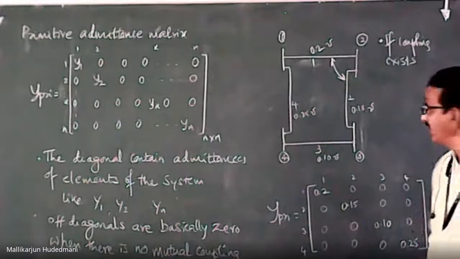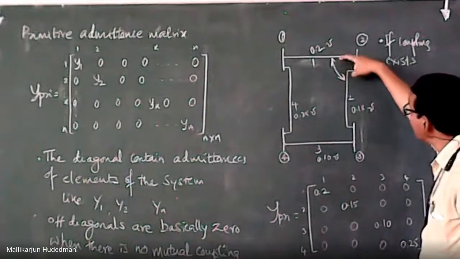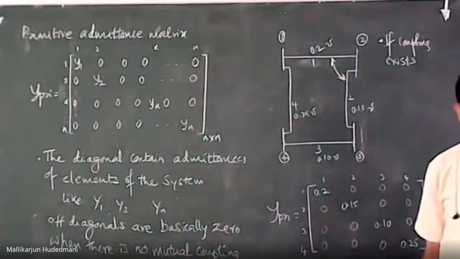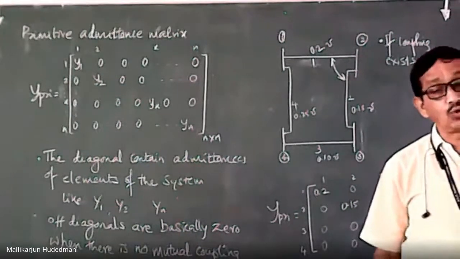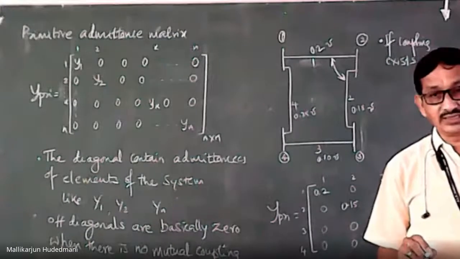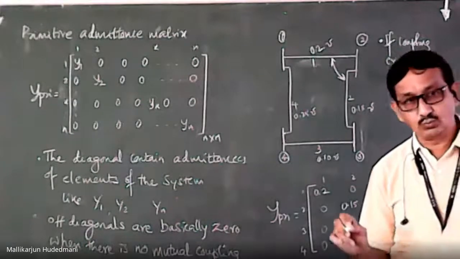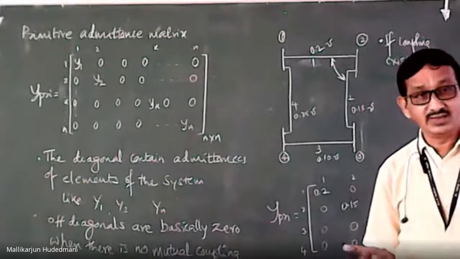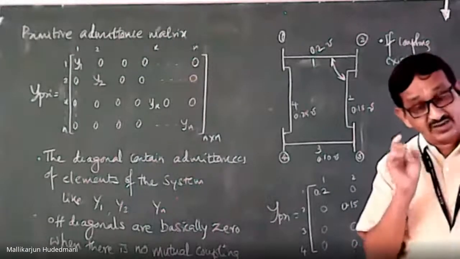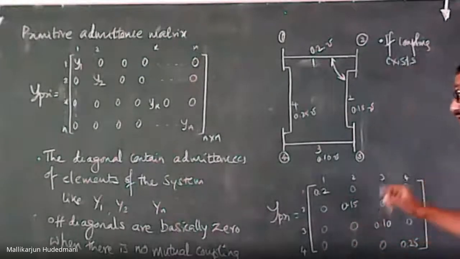Then I would say mutual admittance, like in impedance form, mutual inductance, as we call it. When two coils are kept neighbors, there exists self-inductance for both of them, as well as mutual inductance between them. That phenomenon I am trying to locate here.